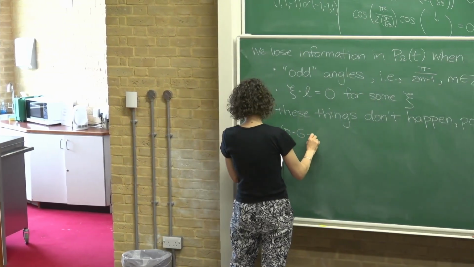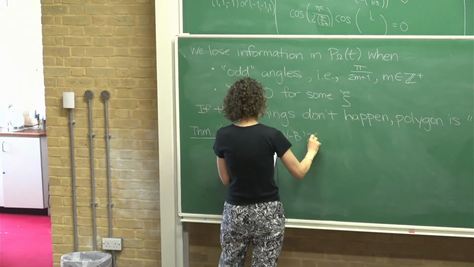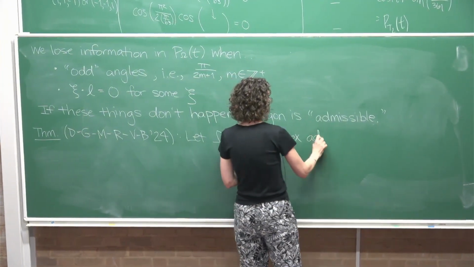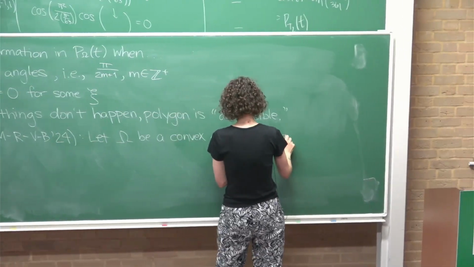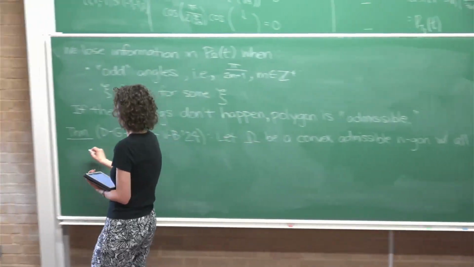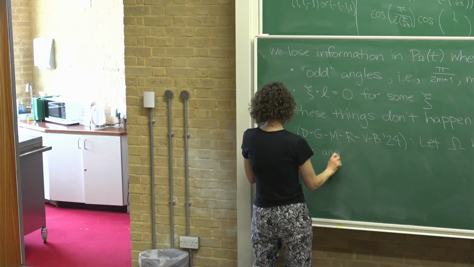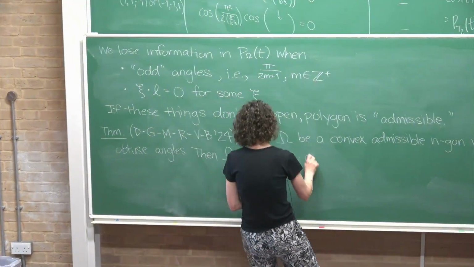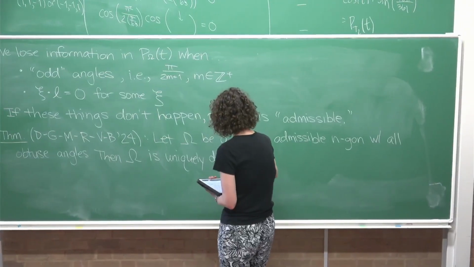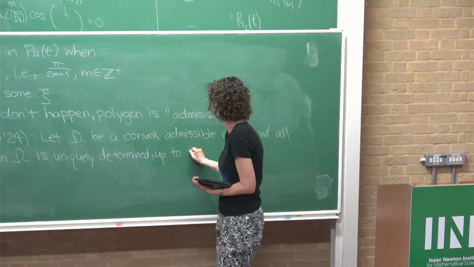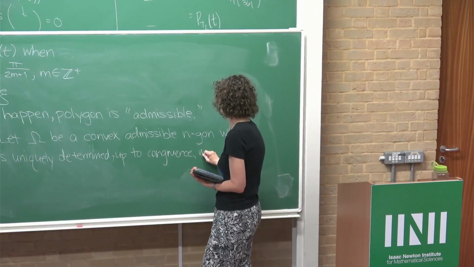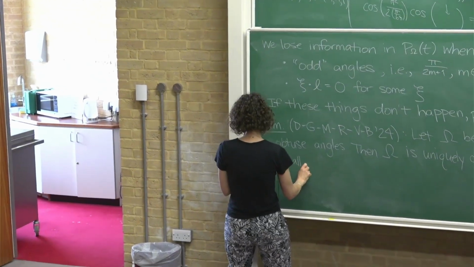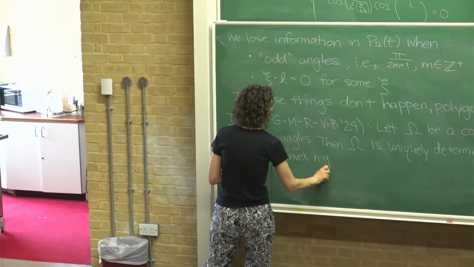Okay, so I'll give one result from the older paper. We showed if omega is a convex admissible n-gon with all angles obtuse, then omega is in fact uniquely determined up to congruence within the set of all convex n-gons.